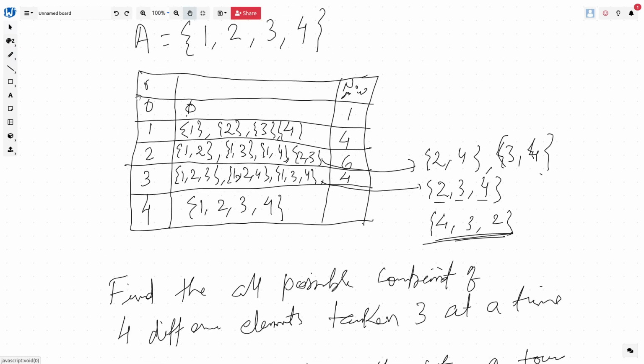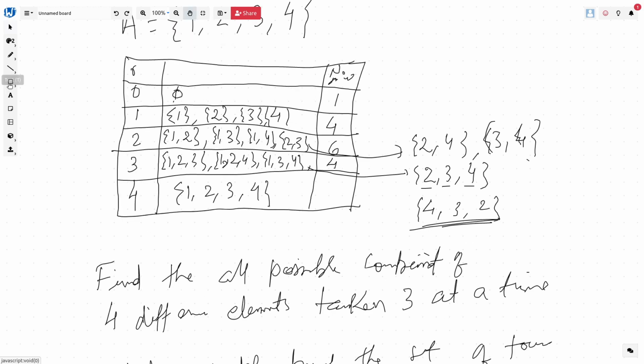So the first one, the 0 elements which we counted here, is nothing but 4C0. It says find all the 0 element combinations from 4 elements. This is nothing but 4C1.